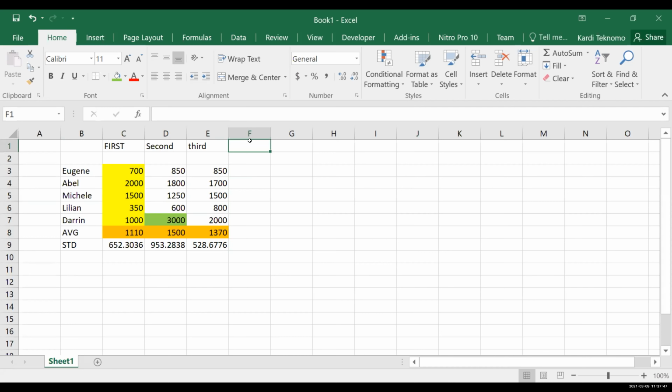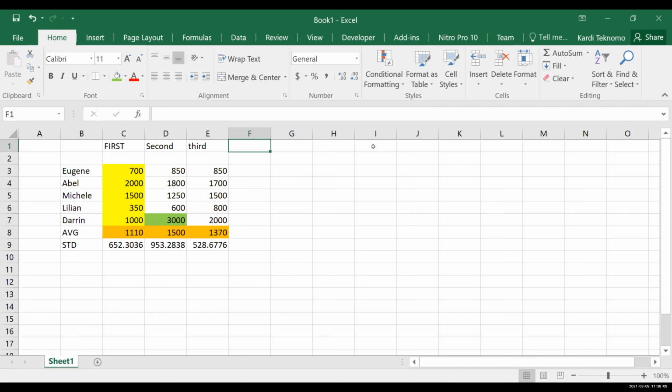The point is this: the Delphi method is a kind of feedback system. You ask everybody to estimate certain things, and after certain rounds, you can have a fifth round, sixth round, and so on.